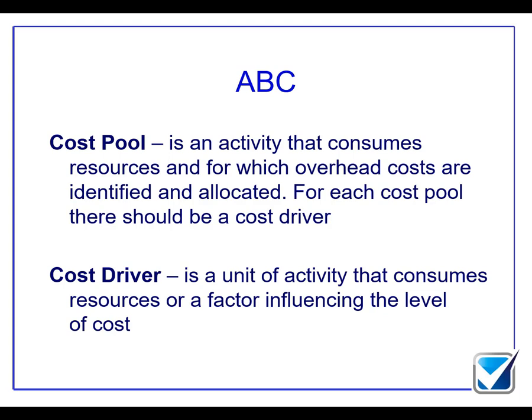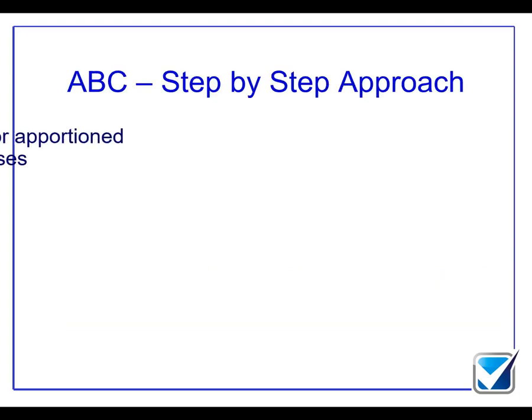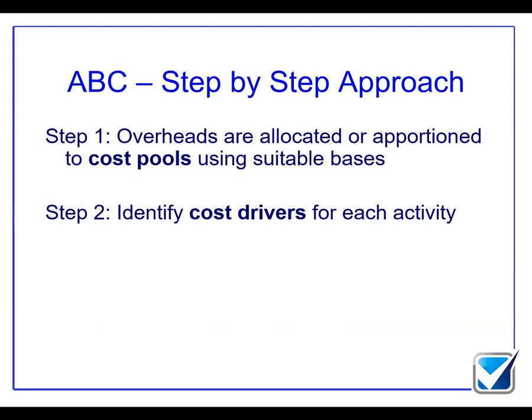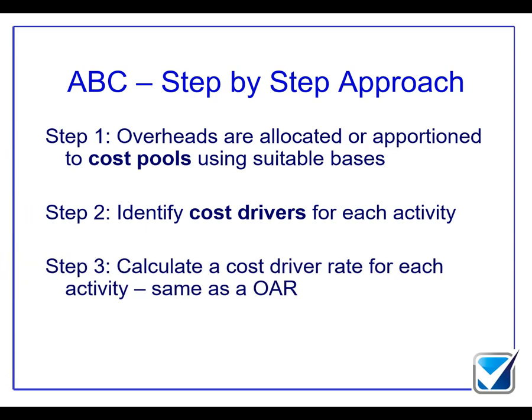When thinking about ABC questions, there is a very methodical step-by-step approach. Step 1, you allocate and apportion the company's overheads to cost pools. This is the same as what you would do under traditional costing, but now it's activities. So it is an activity that consumes the resource, not just centres of the business.